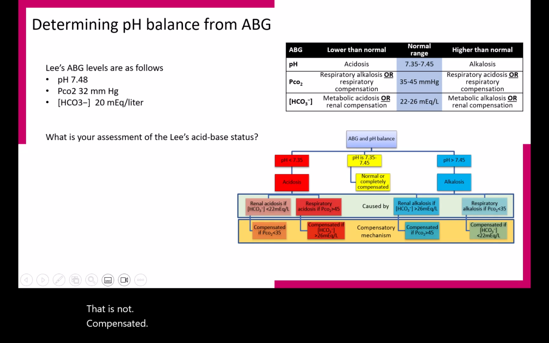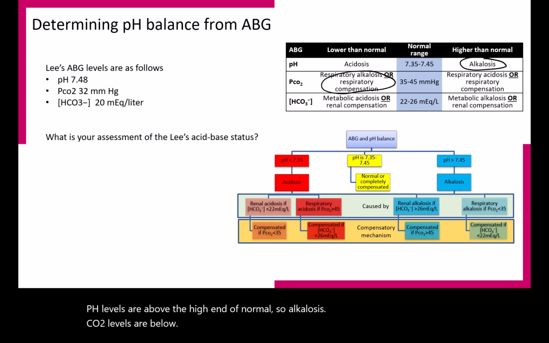Last example, we've got Lee. pH levels are above the high end of normal, so alkalosis. CO2 levels are below the normal range, and bicarb levels are below the normal range.